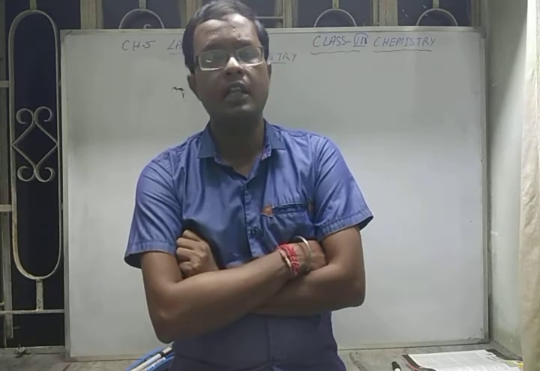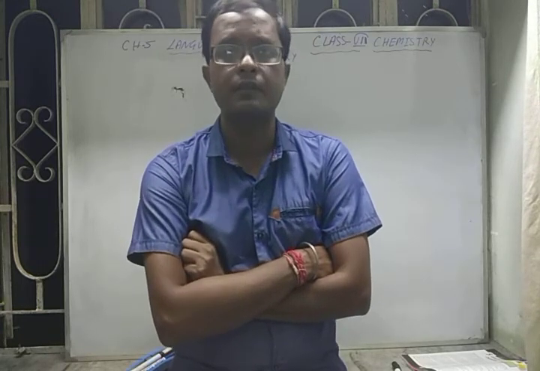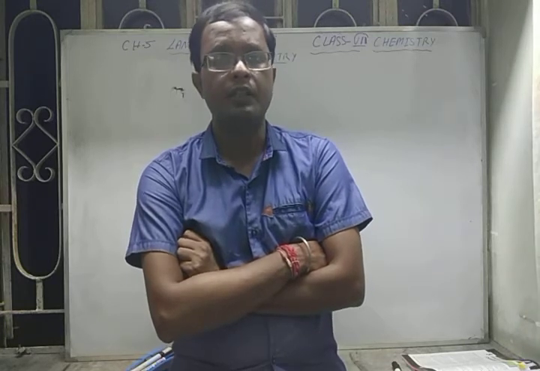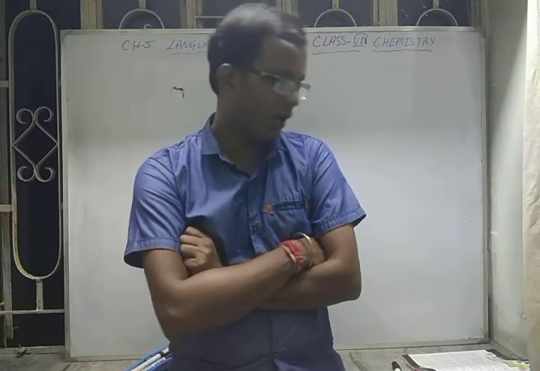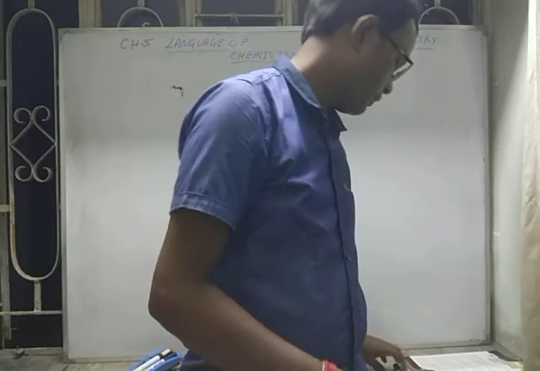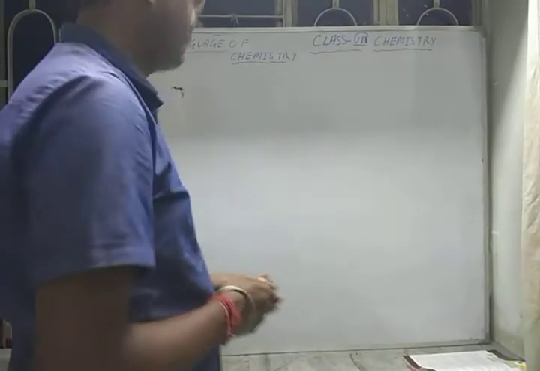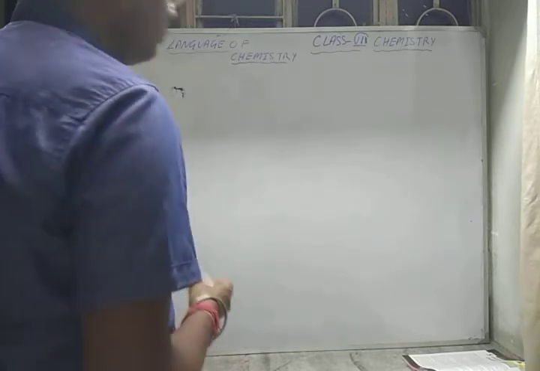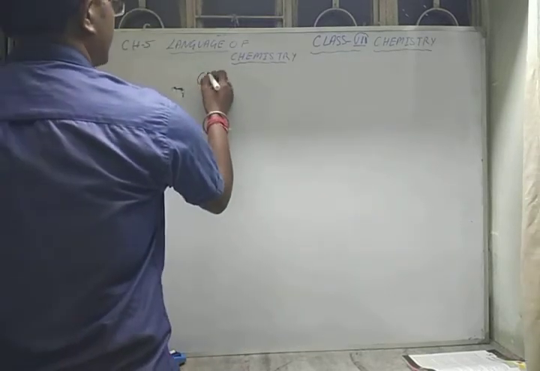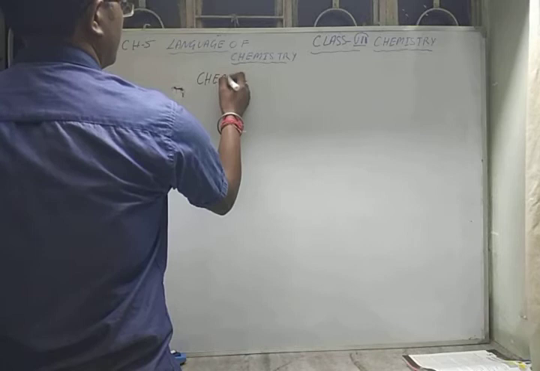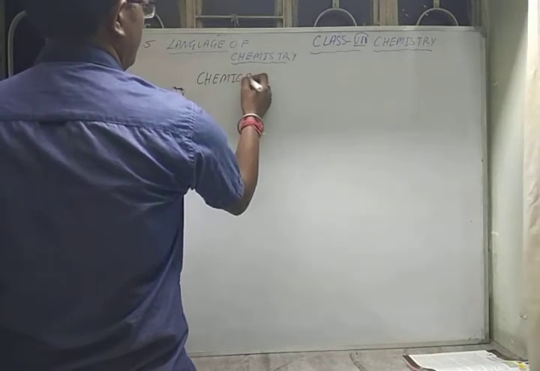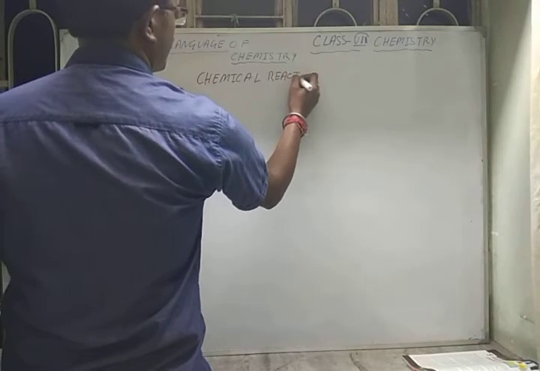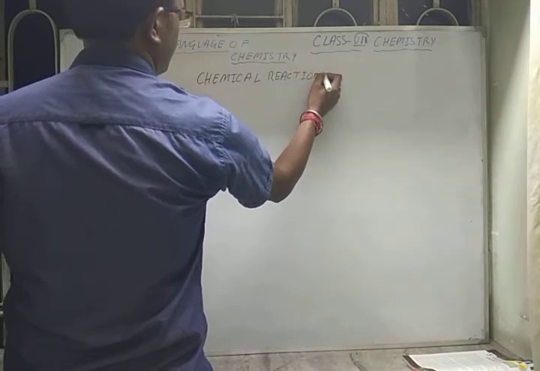Now in this chapter, language of chemistry, first of all we will see how to write a chemical equation. Before writing a chemical equation, we should know what a chemical reaction is.